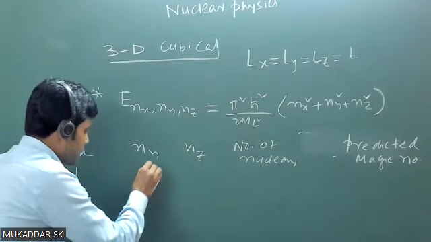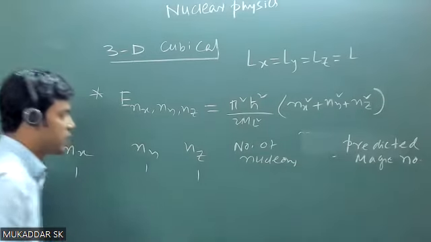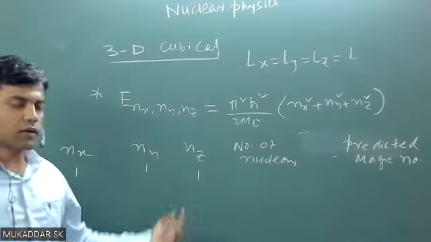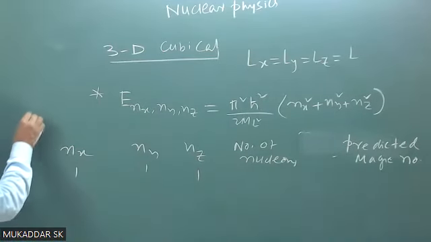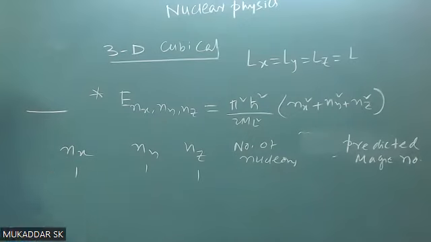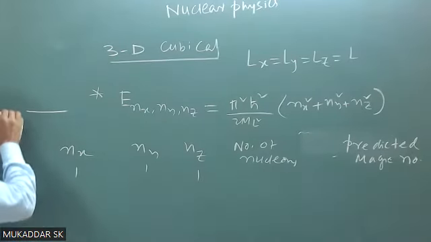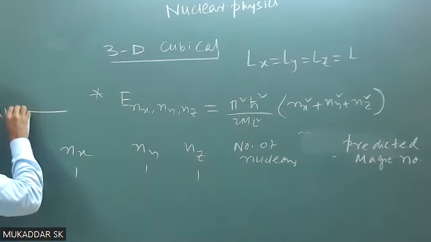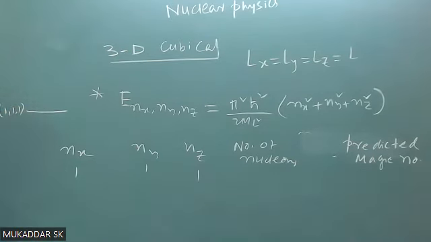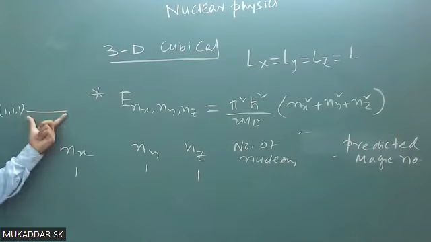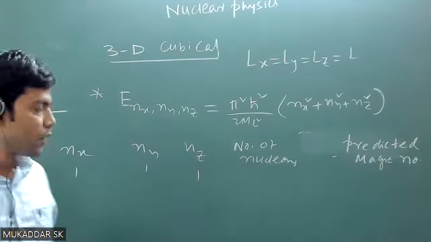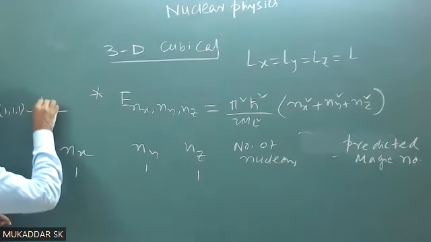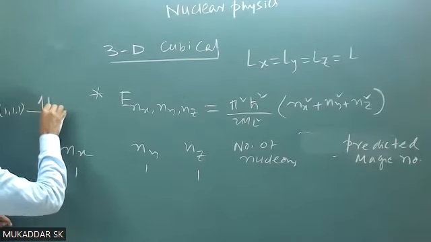For the ground state, nx, ny, nz will be 1, 1, 1. So your ground state is actually non-degenerate. In that state, how many nucleons can stay? 2 nucleons can stay, because a nucleon is a spin-half particle.